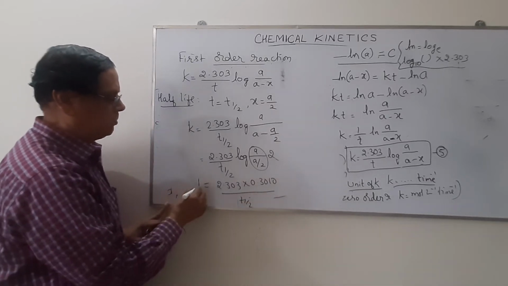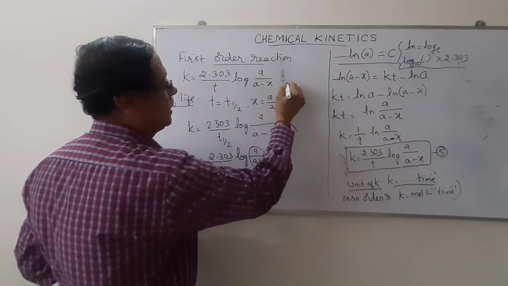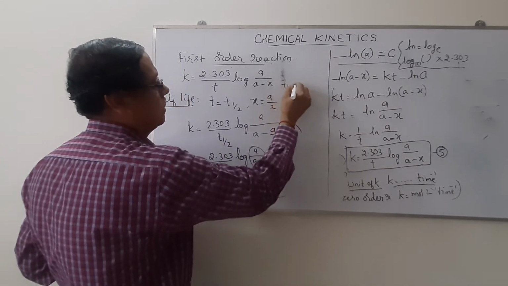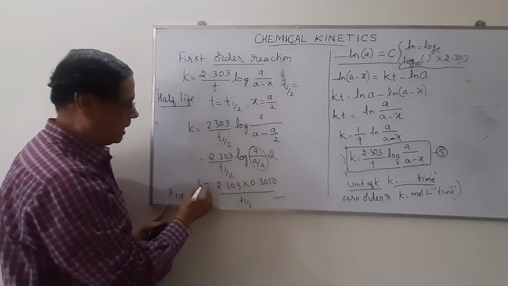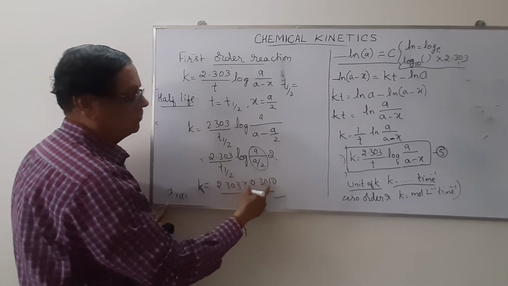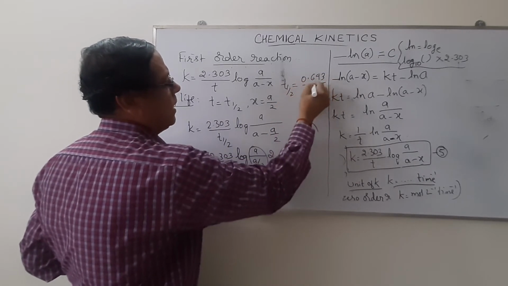If you rewrite this, you will get t half is equal to 2.303 into 0.301 divided by k. The product of these two is 0.693 divided by k.